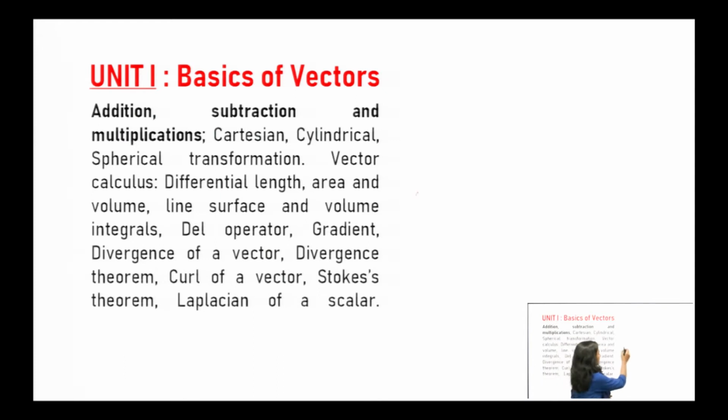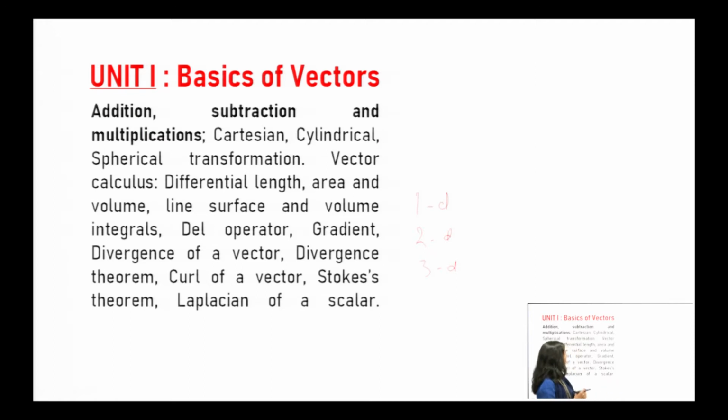Coordinate systems are basically of three kinds: one dimensional, two dimensional and three dimensional. The 1D, one dimensional coordinate system is used to locate any point on a line. The two dimensional coordinate system is used to show the position of any point on a surface, and the three dimensional coordinate system is used to identify the location of any point in three dimensional space.